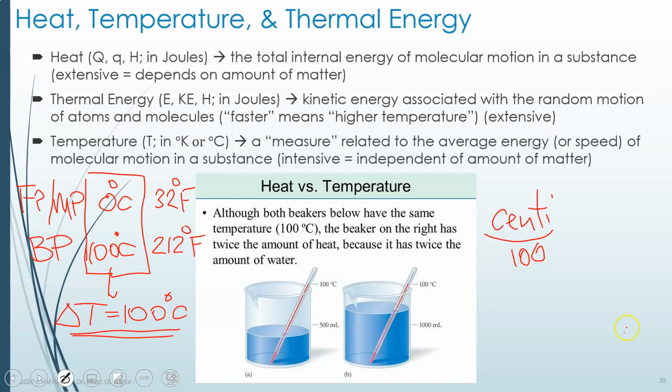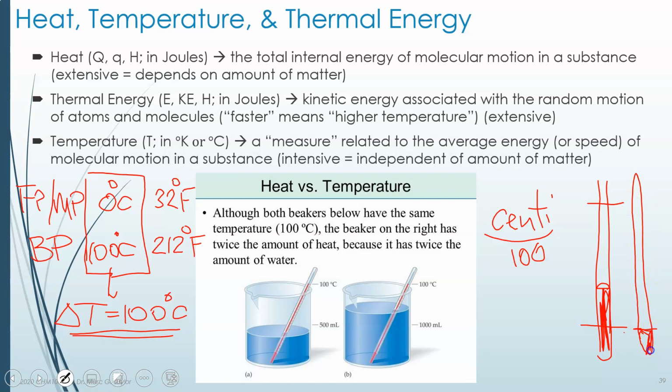So what happened was there was a scientist years ago who took a glass tube that had mercury in it. Mercury is a liquid metal. It's very easy to see. It's silver colored. When he put it in ice water, he found that the mercury contracted, and he marked the point on his glass tube.